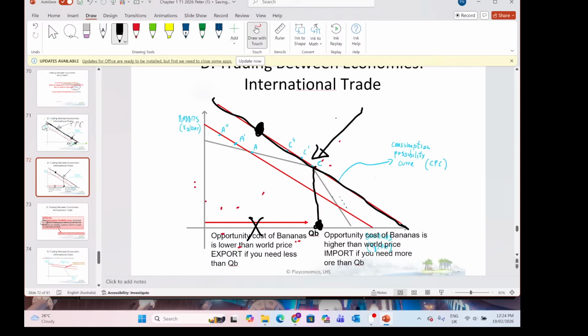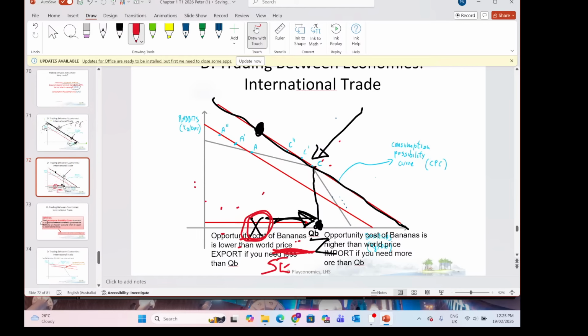So why would Alberto produce all the way out to where I've just indicated on the diagram? Because Alberto would produce out to, we'll call it point Z. They would keep X for themselves, and between X and Z, they would export them. They would sell to another country.